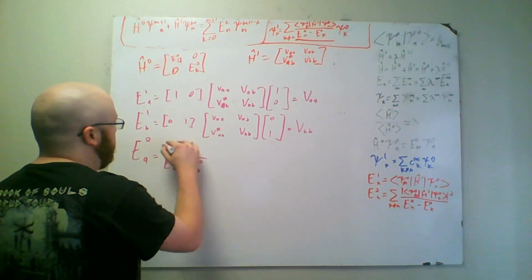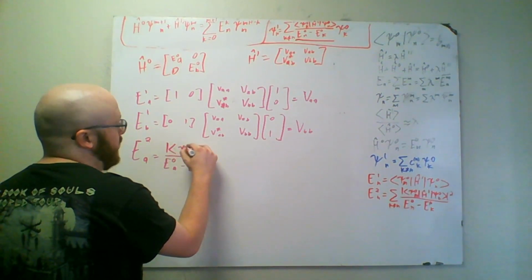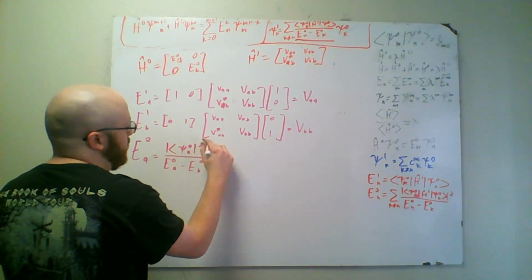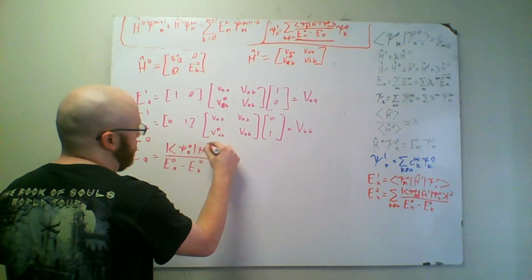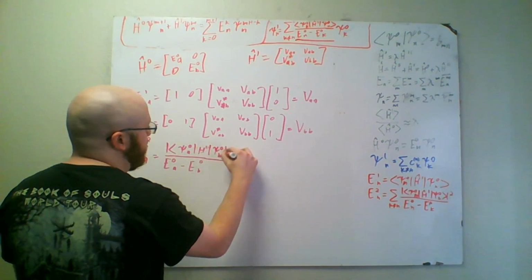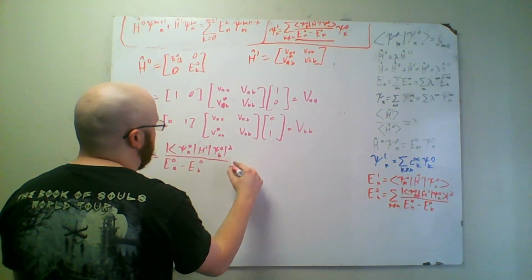And then this guy here is psi 0A, H prime, psi 0B, because they can't equal, right?